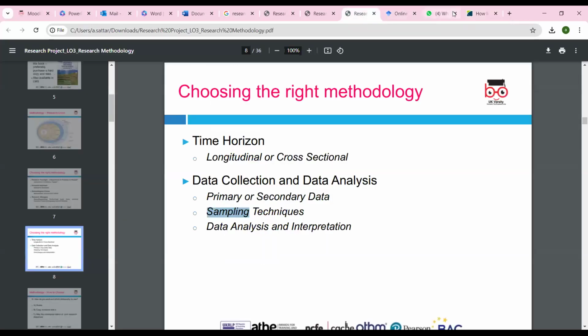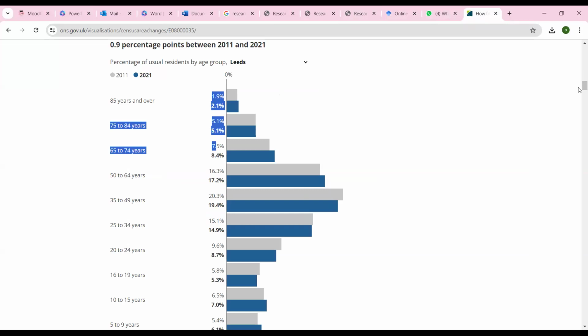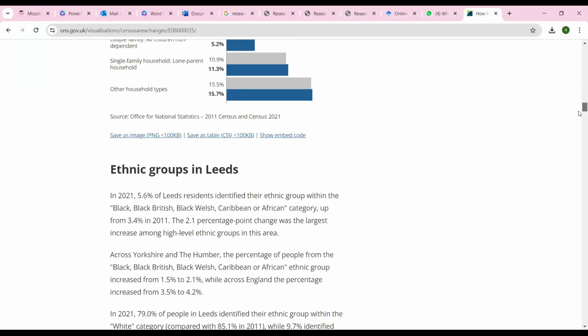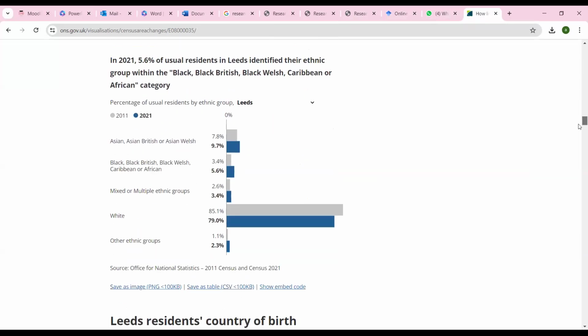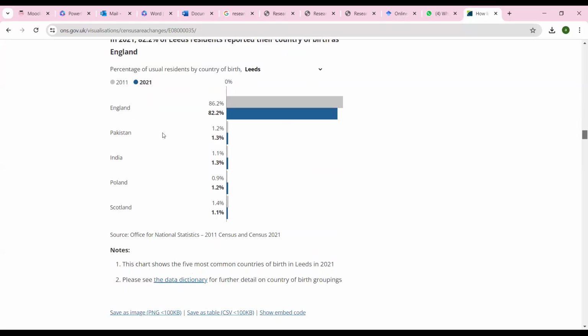And if you want to open a business like a care home or any other, you can find it, or you want to sell, let's say, halal food or any other food, you can look at different segments of the population, how many percent is Muslim or how many percent are of different ethnicities.